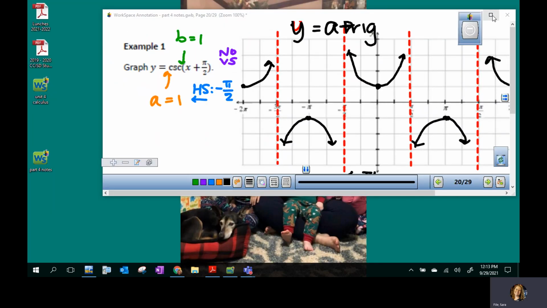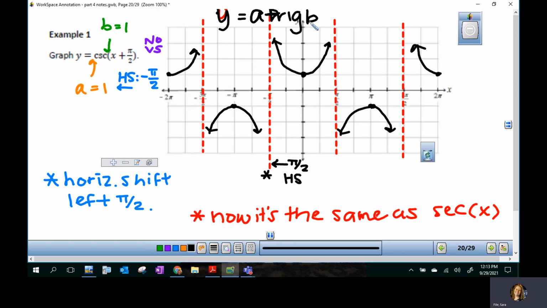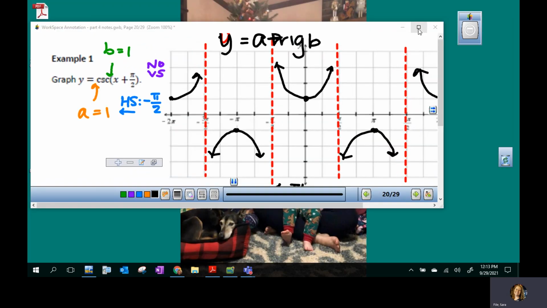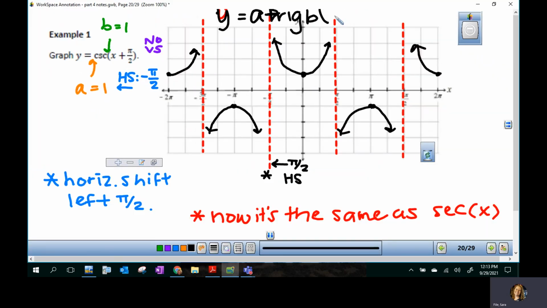And then B times x minus the horizontal shift plus D. So when the B is factored out, your horizontal shift is just the opposite sign of what you see there. If you've forgotten where these values are coming from, that's what we're using.